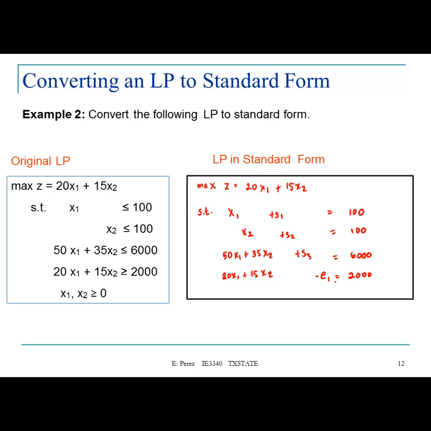Are we done? There's one thing that is missing. Anyone remember? The non-negativity constraints for the decision variables. So we have x1, x2, s1, s2, and e1 greater or equal to 0.